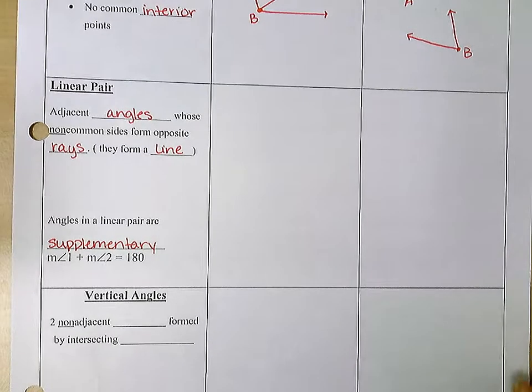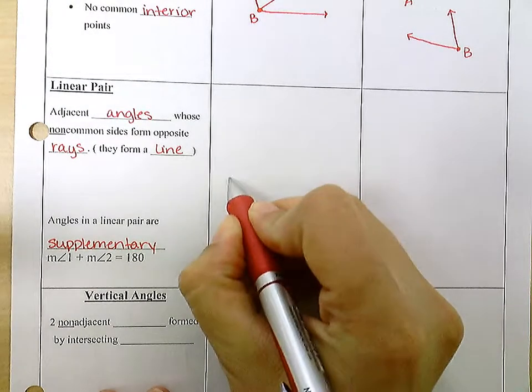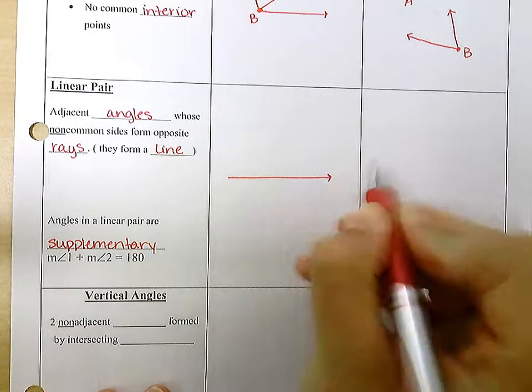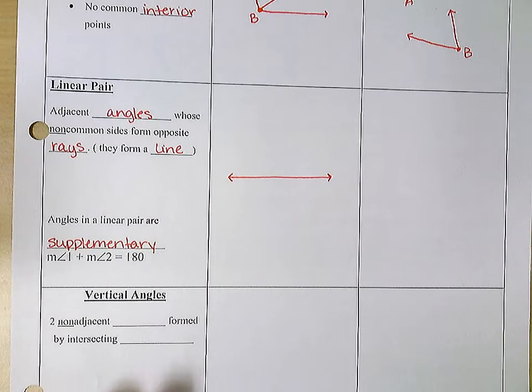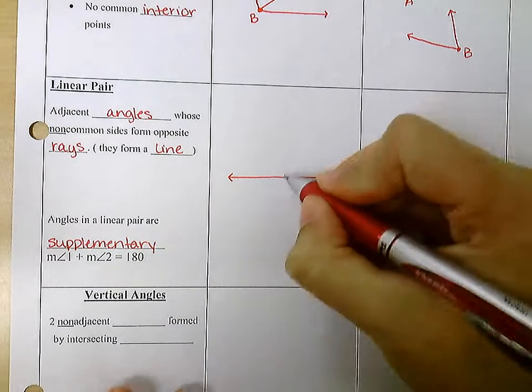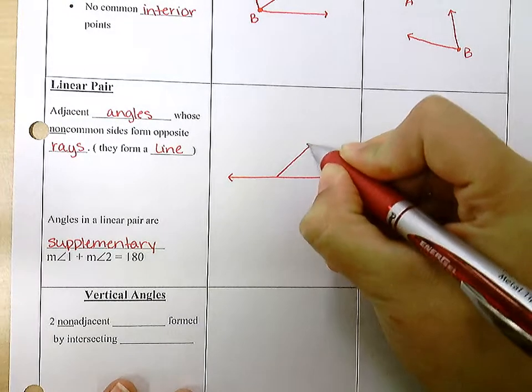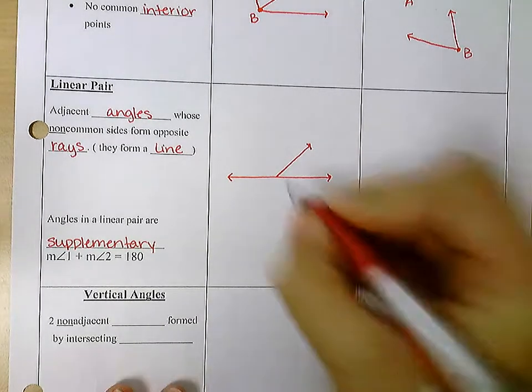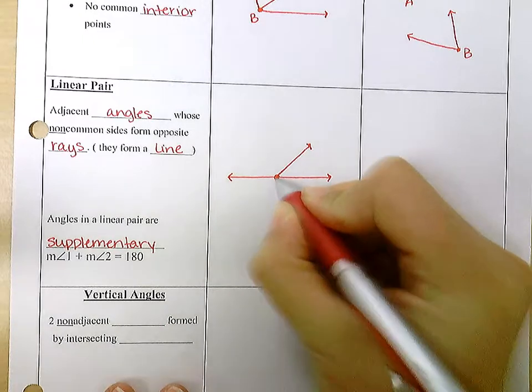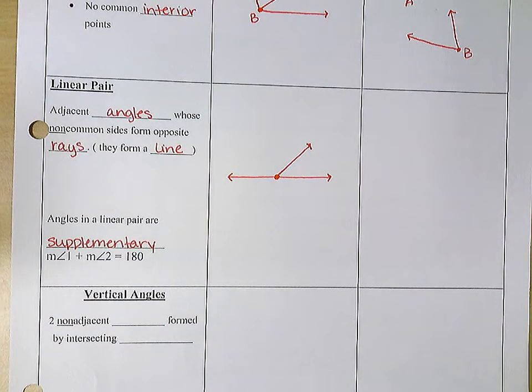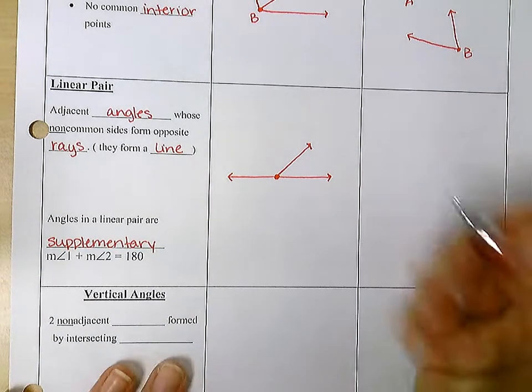Okay, so in my example here, I'm going to start off with a line. Okay, because I know my two adjacent angles have to form a line. Then I have this ray that comes off that line. So here would be our common vertex of our adjacent angles.